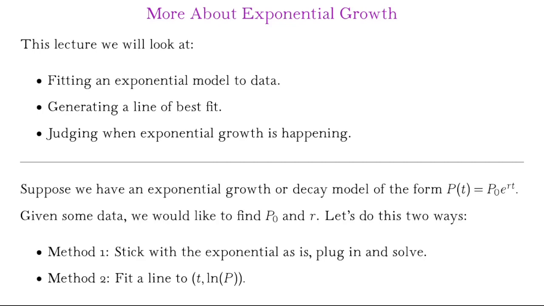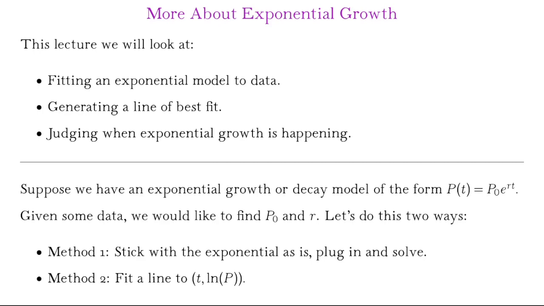So maybe we have bacteria population at a certain time and then at a different time, and we basically want to fit the model to those 2 points. So we'll do this two different ways. The first way, we're going to stick with the exponential function the way it's written. We're going to plug in and solve for those parameters P naught and R. That's very straightforward.